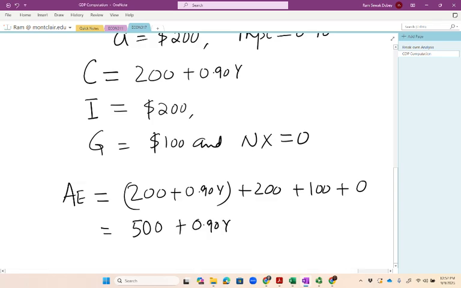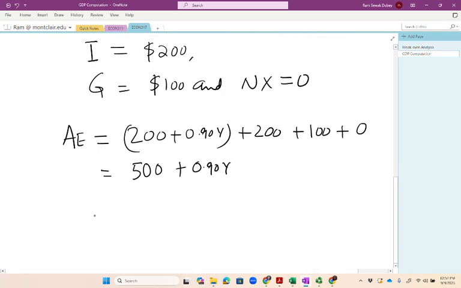And in equilibrium, for the GDP computation, we must have the national income Y equal to the aggregate expenditure. So let's do this.